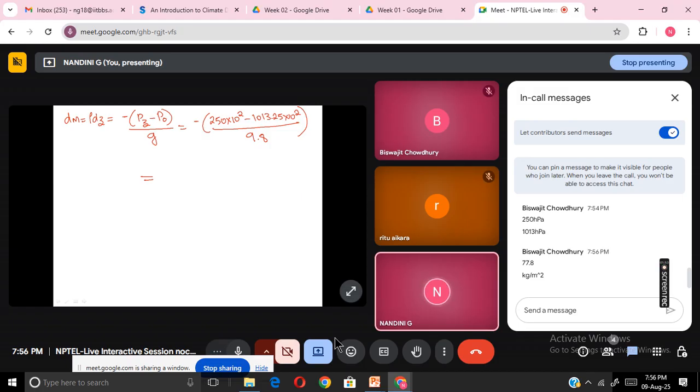After converting hectopascal to Pascal, what will be the final answer? Is this correct, 77.8 kilogram per meter square?